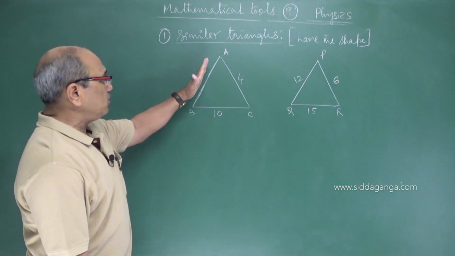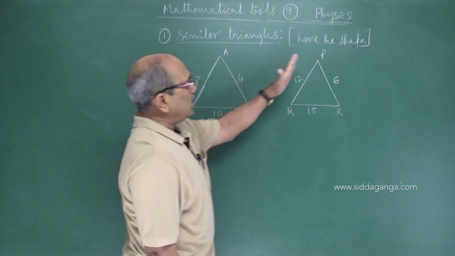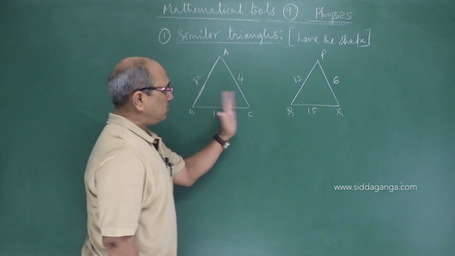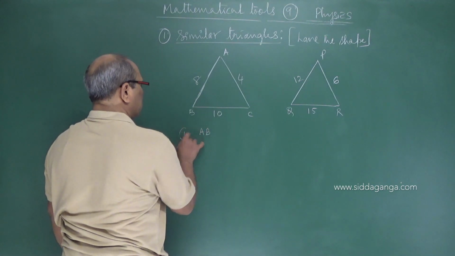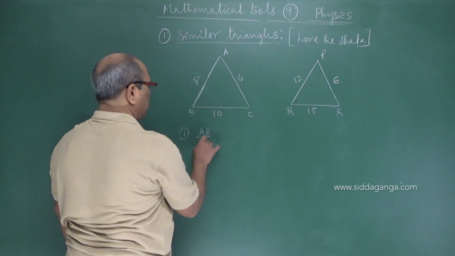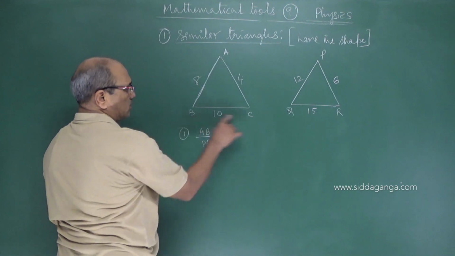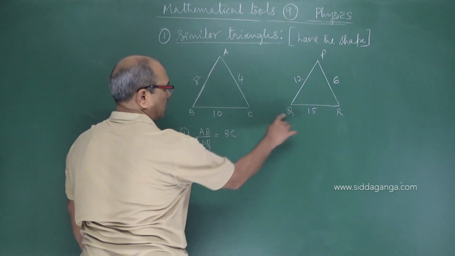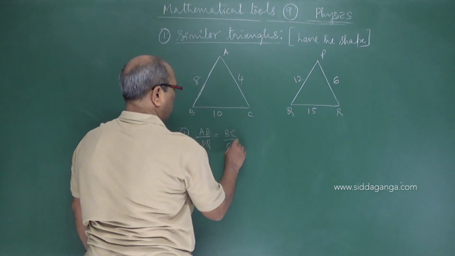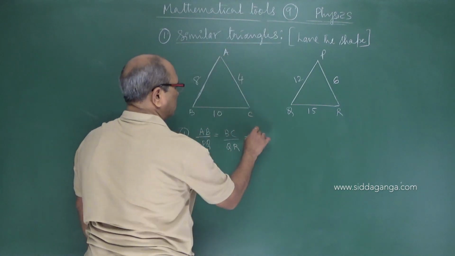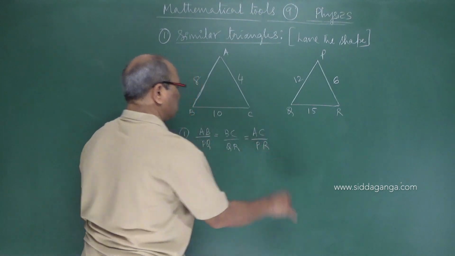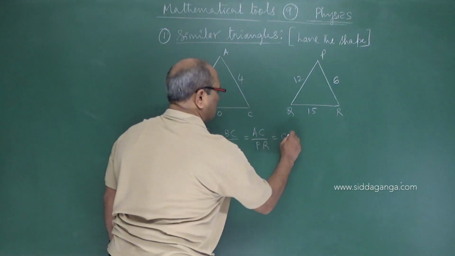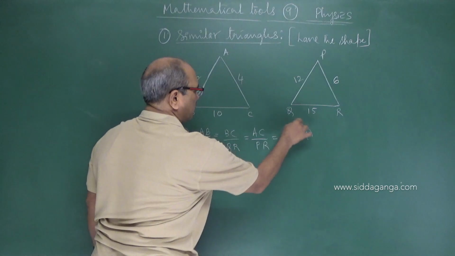Of the sides of the triangle, if you take AB and PQ, the ratio would be the same. That means the first corresponding ratio is AB by PQ. This BC, the corresponding side for this is QR, is equal to AC by PR. It must be the same. It is a constant. It takes a definite value.